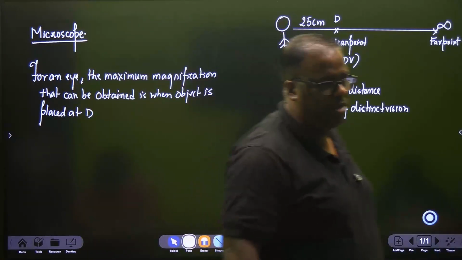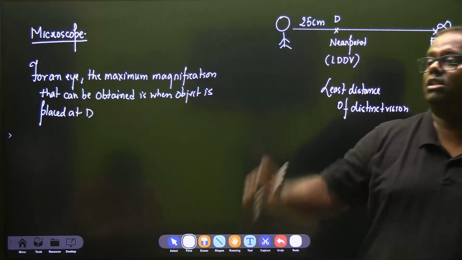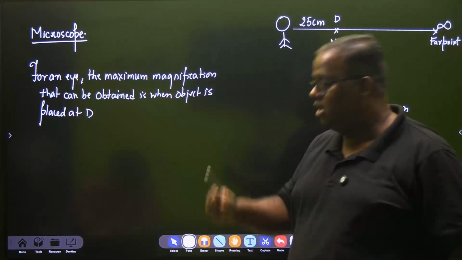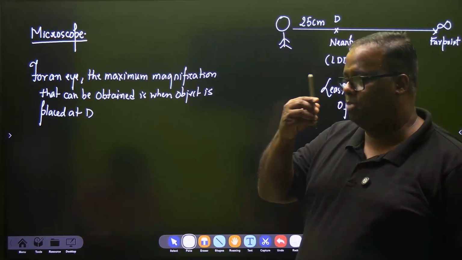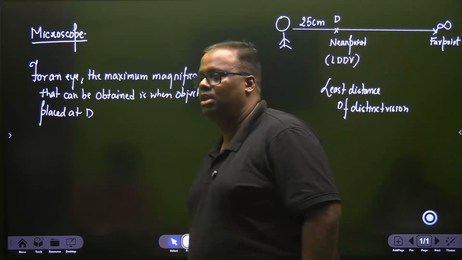When your object is placed at D, you see the object maximum magnified, and it will actually become bigger. Just try to see the pen here and the pen here. The pen becomes bigger when it is brought near our eyes. But beyond that, we are unable to see.